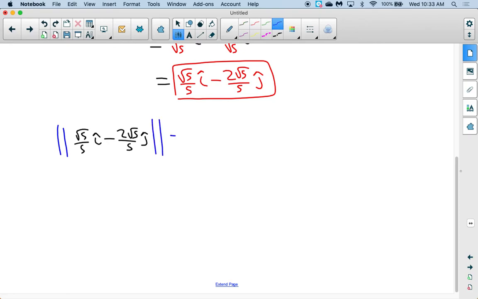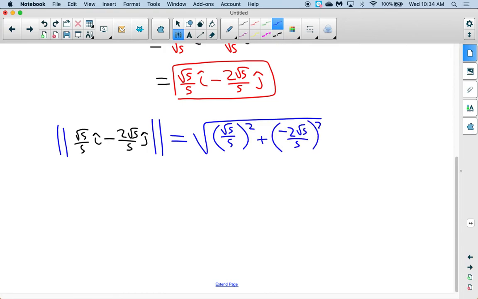Okay, the magnitude of this guy would be the square root of radical 5 over 5 squared plus negative 2 radical 5 over 5 squared. What is that? That is 5 over 25, plus 4 times 5, right? The square of negative 2 is 4.